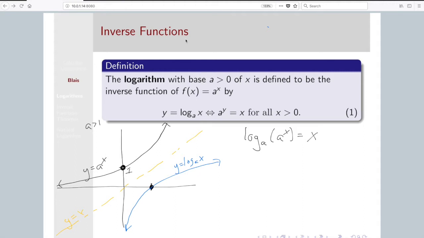Similarly, a to the log base a of x is also x. Now in this case, this works for x greater than 0. And then here, this would be any x.